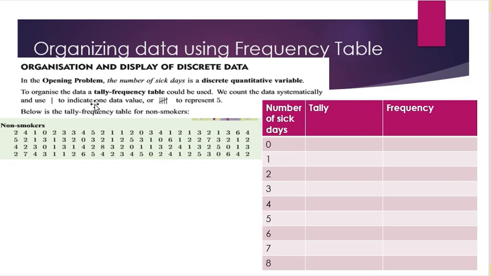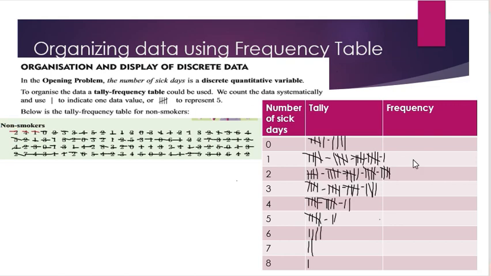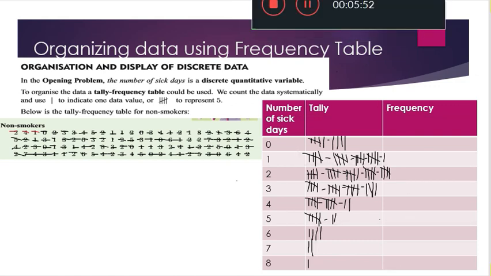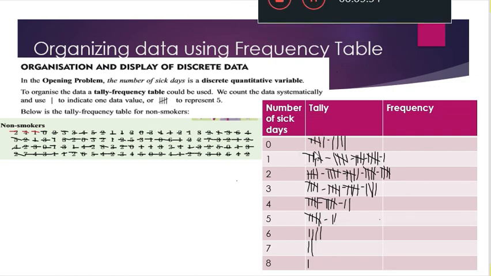Let's try to tally the data. We have here 2. As you can see, all the numbers are already crossed out. That's how I tally things. Whenever I input a number, I cross it out so that I won't repeat it. So let's check how I did it.